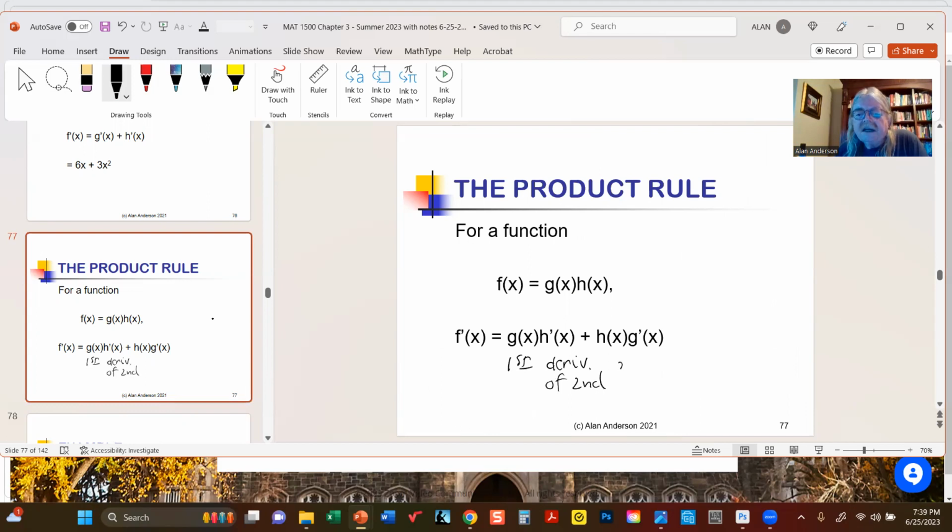And then we have the second function, and then we have the derivative of the first. So in other words, in both cases, you're taking one of the functions and multiplying it by the derivative of the other one. So you can see how the potential exists for these to get very, very messy.